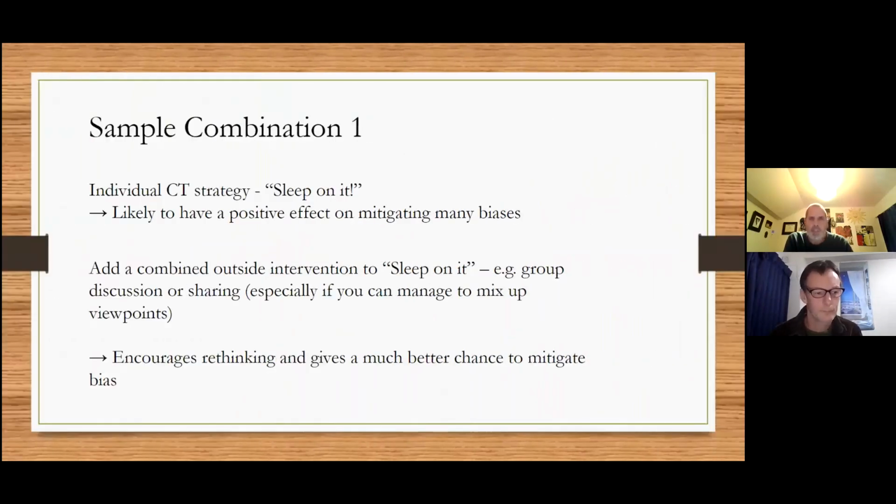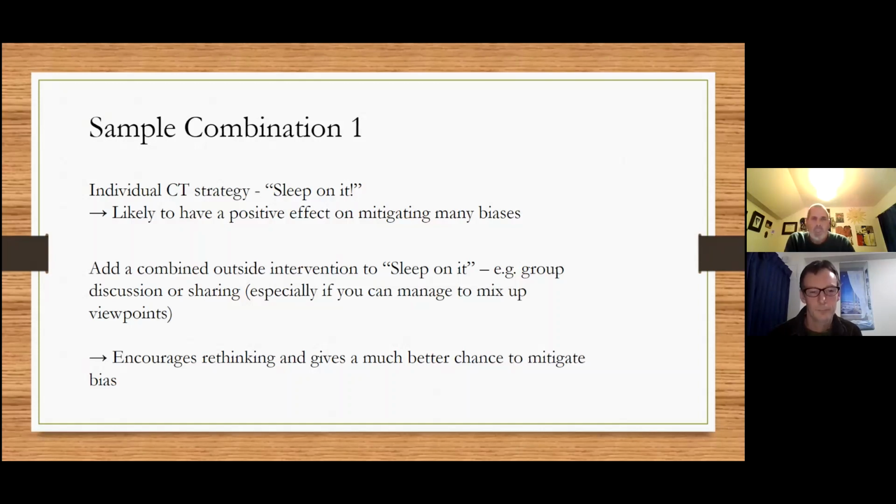So one combination sounds simple, right? But an individual or an inside critical thinking strategy would be sleep on it. All right. It's likely to have a positive effect in mitigating many of these biases. It just simply slows down the process. Now, it sounds like a very reasonable thing, but to actually have students go slowly through your activities, making sure students have enough time to think through their ideas carefully is instrumental.